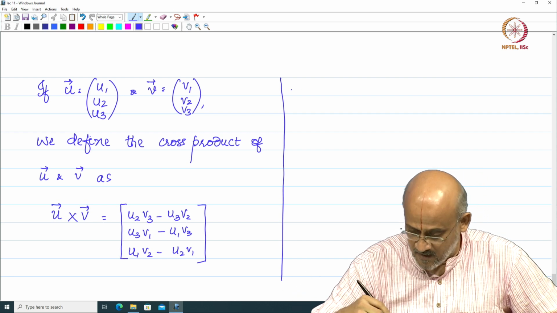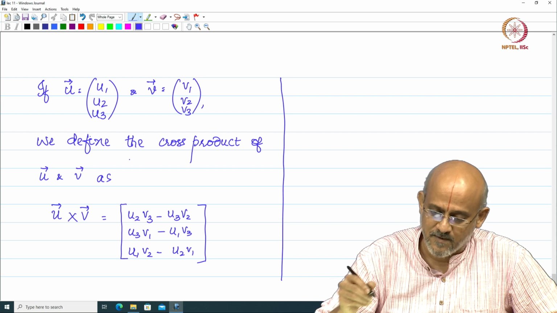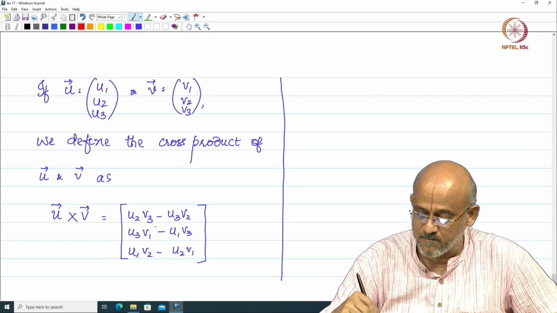If you look at this, the cross product is actually given as a vector. So, we are going to define the cross product as that vector, and this vector, whatever that we got as u cross v, is orthogonal to both u and v.